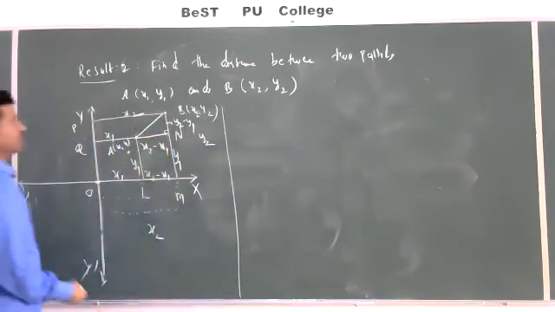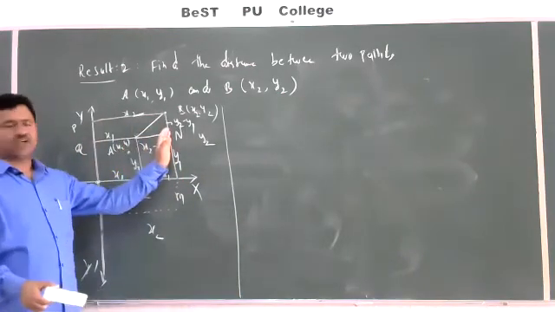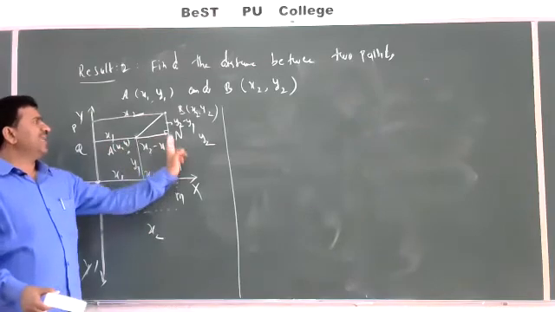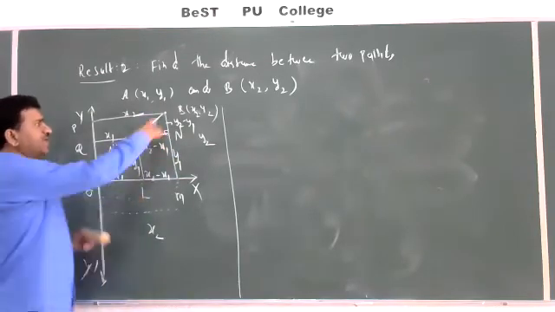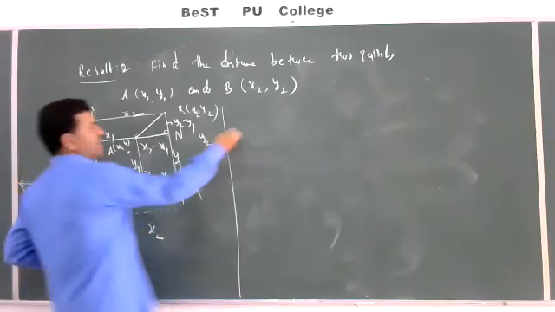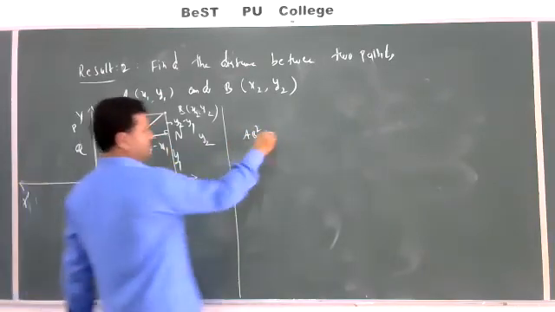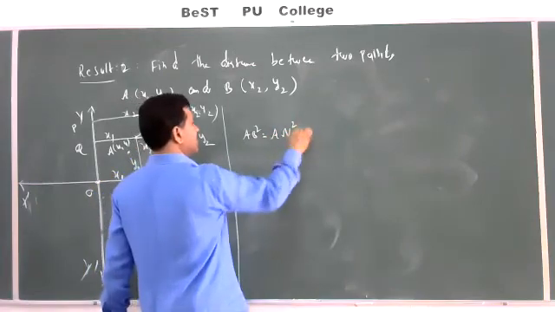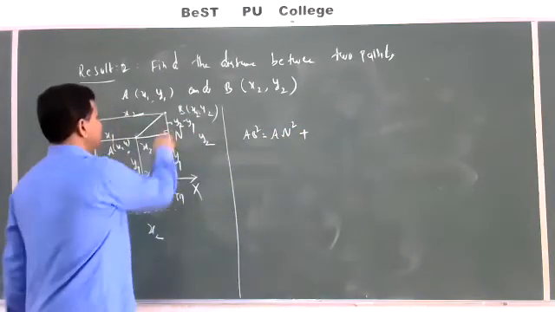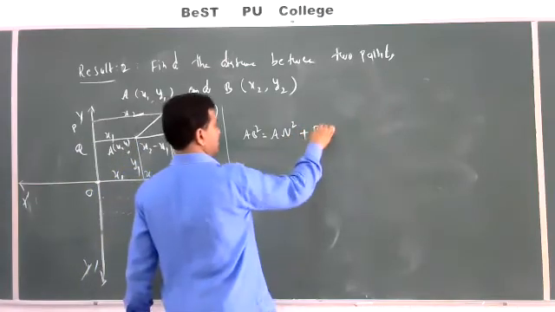Just listen to me. Now this is a right angle triangle. Don't write the notes, just listen to me. ANB is a right angle triangle. AB is the hypotenuse. So AB square is equal to AN square plus BN square.